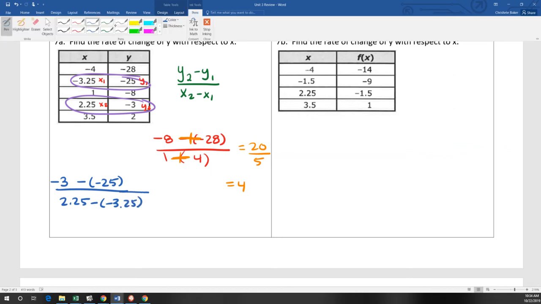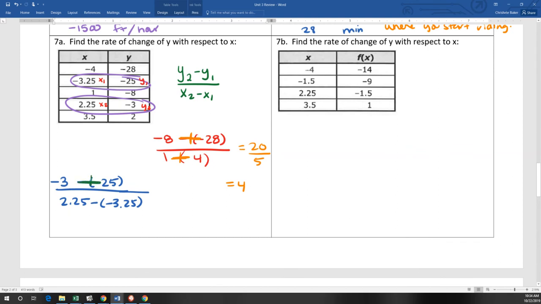Again, we have negative, negative, which is going to become a positive. So -3 plus 25 is 22. Now we have 2.25, and then negative, negative becomes a positive, plus 3.25. That would be 5.5. I'm going to divide those in my calculator. 22 divided by 5.5 is again 4. So either way you do it, you're going to get 4 as your rate of change or your slope.